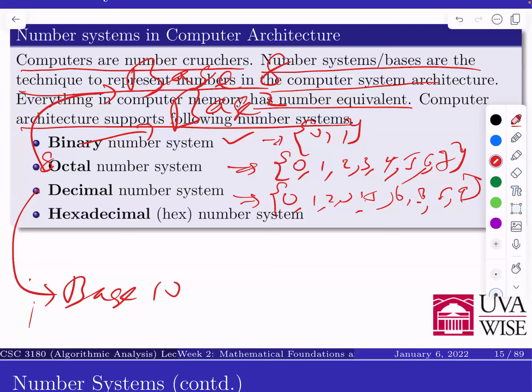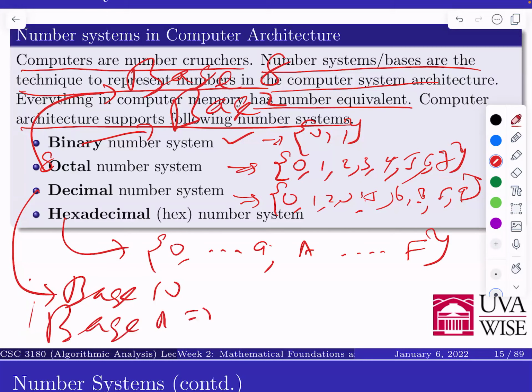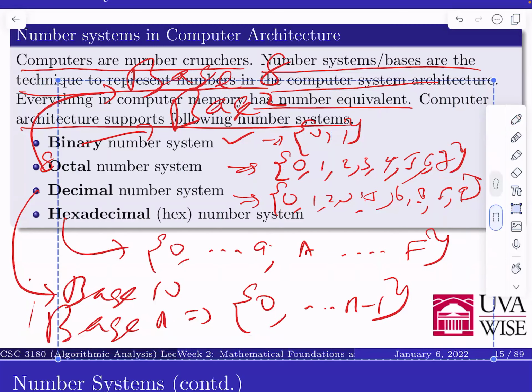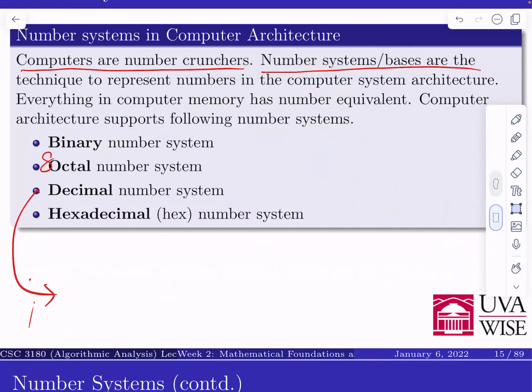Hexadecimal consists of numbers from 0 to 9, then from A to F. So generally, base N will consist of all numbers from 0 to N minus 1. The most popular number bases for computing systems are hexadecimal and binary.